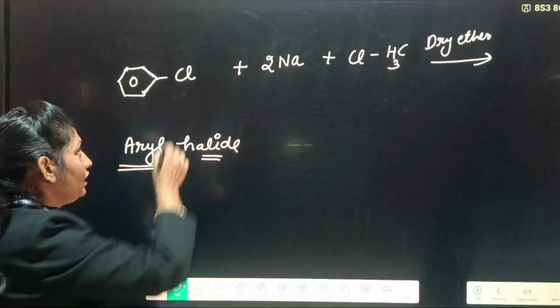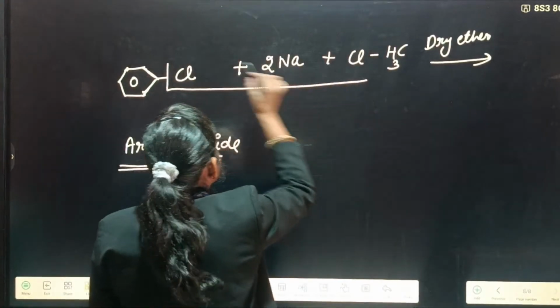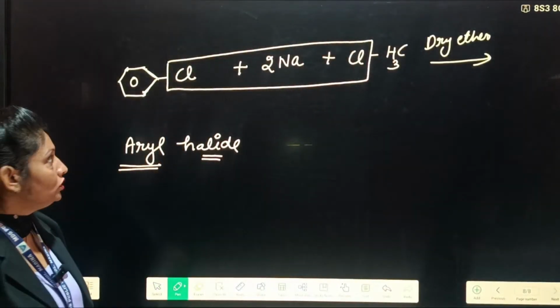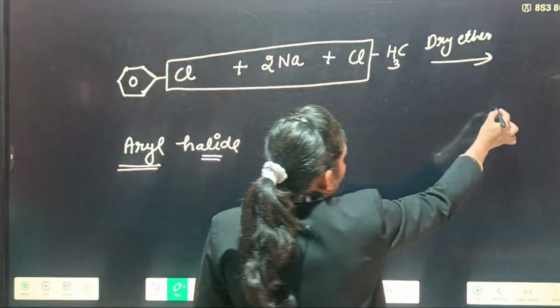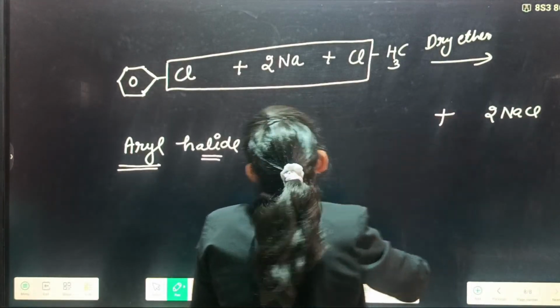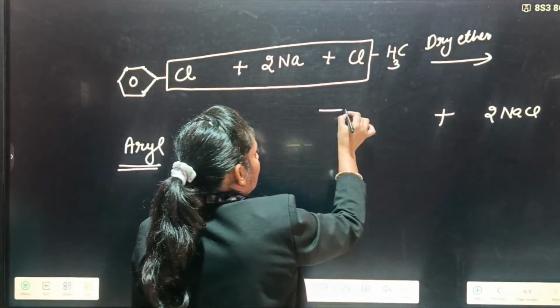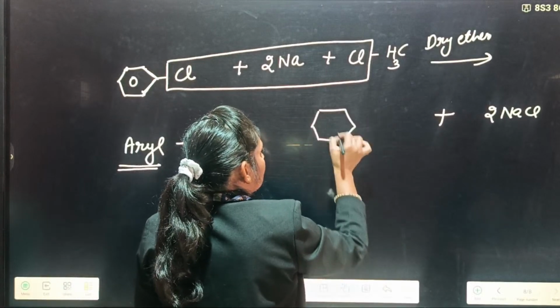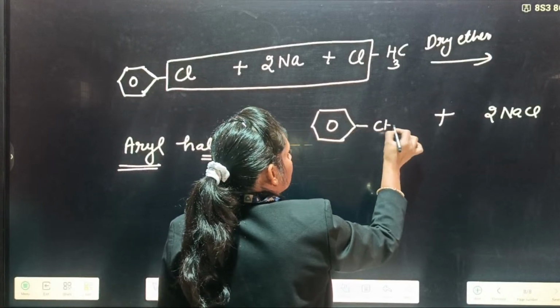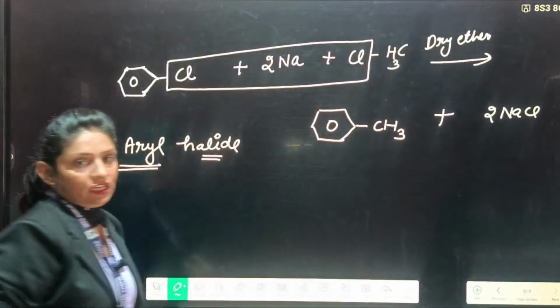Same way you will do the reaction. You can remove this one, 2 NaCl plus benzene and this one. In the same way we are doing the reaction.